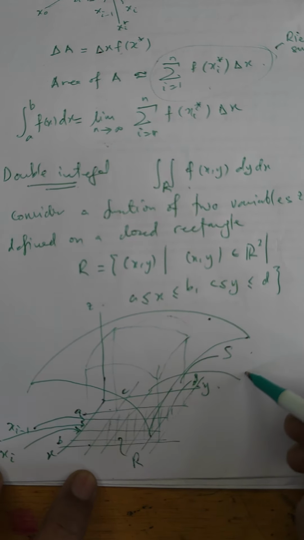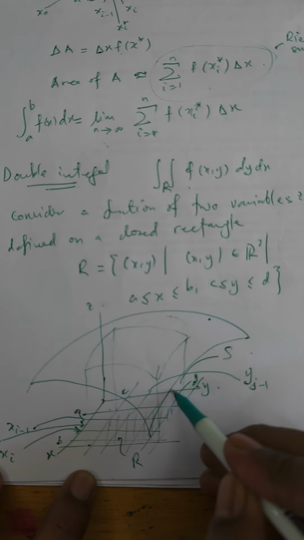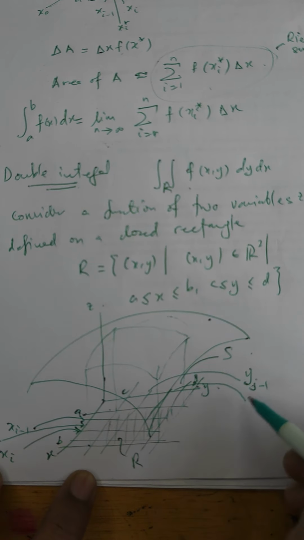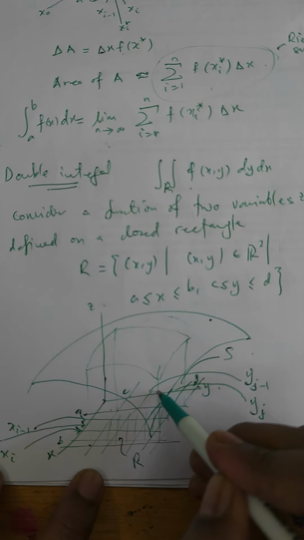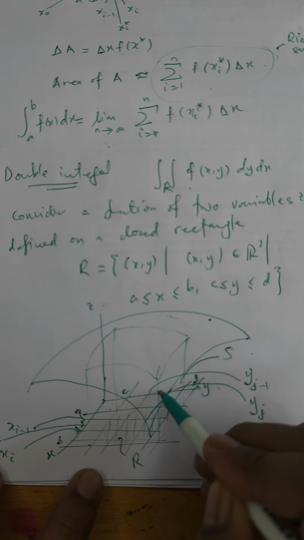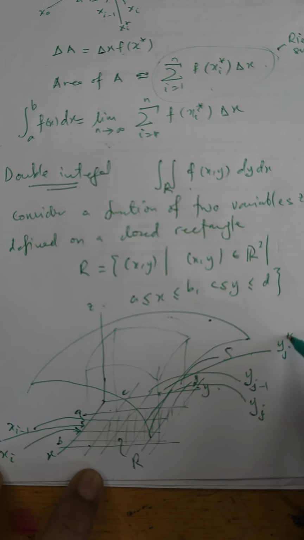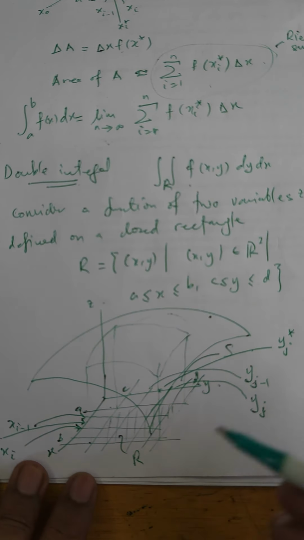I can write here, this is y_{j-1}, and this point here is y_j, and in between, let's call this point y_j*.